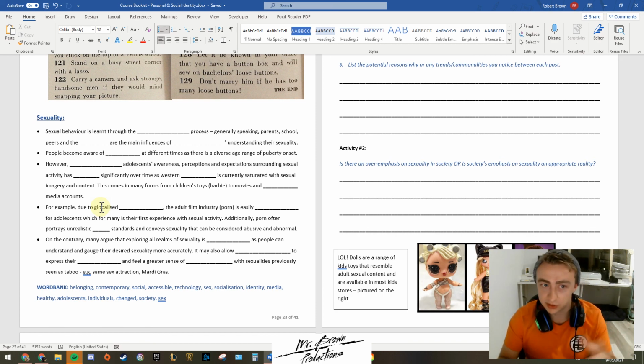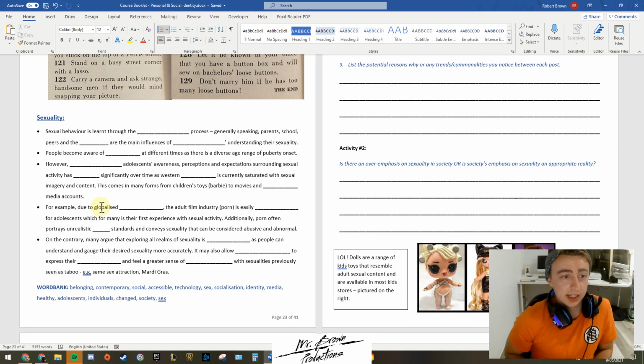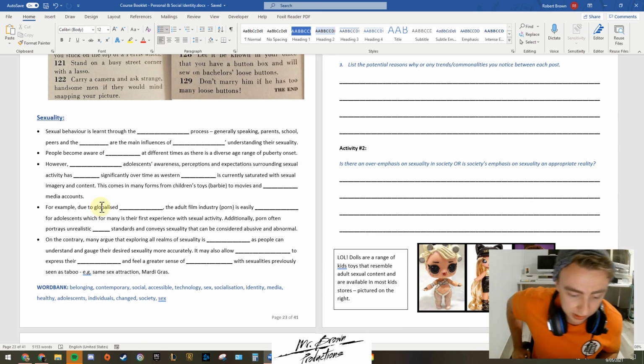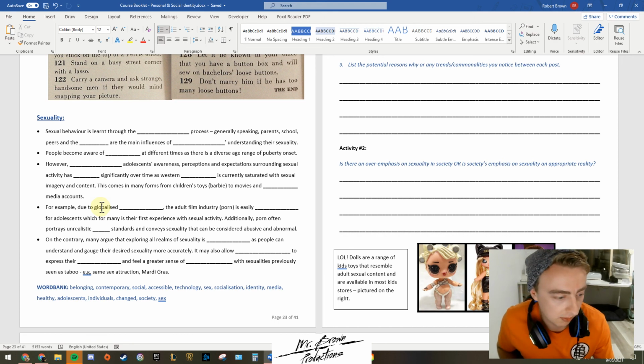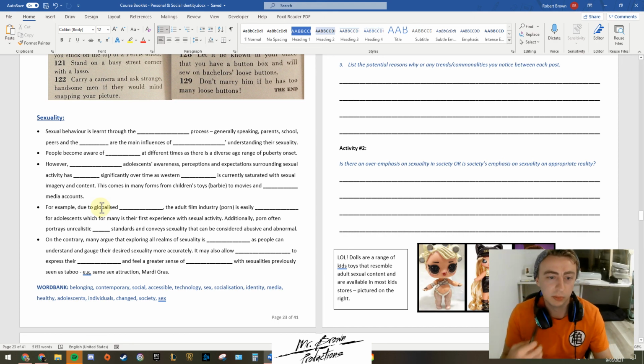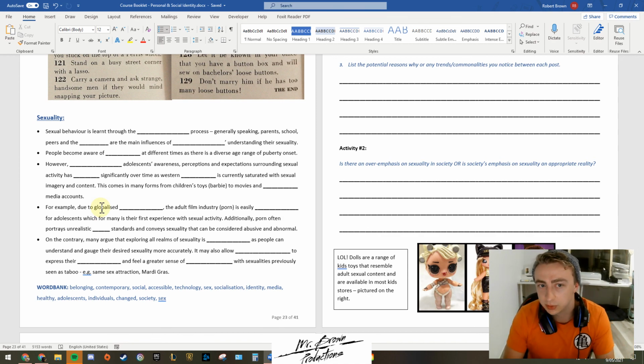So the whole idea of sexual behaviour is changing over time as well. But the flip side of that is that 40, 50 years ago, the idea of sex and talking about it was considered really taboo. And that can come with some damaging consequences as well, where people aren't freely able to explore their own sexuality.